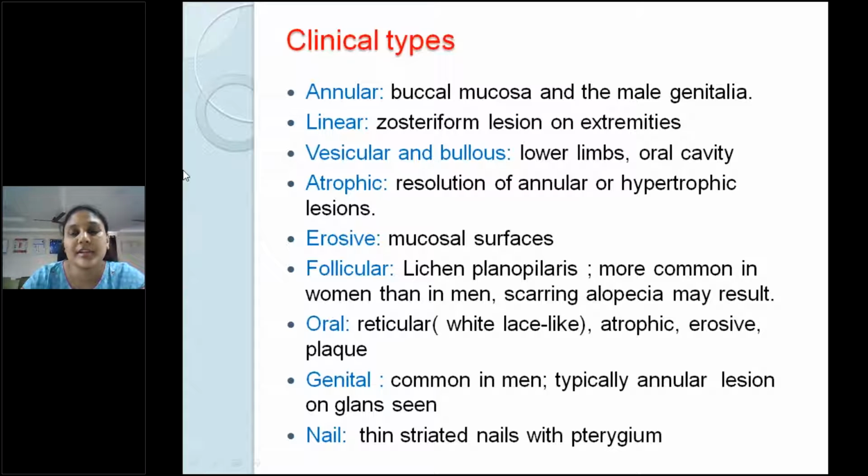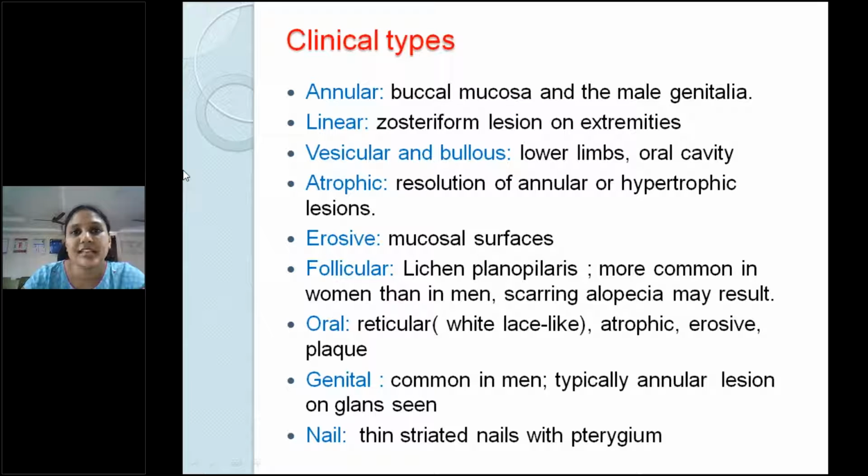Here it affects the scalp, and you will see scarring type of alopecia. See, alopecia means loss of hair, which can be reversible or irreversible. So scarring alopecia means irreversible damage. You won't see any hair after some time, and there won't be regrowth of hair. And next is oral lichen planus.